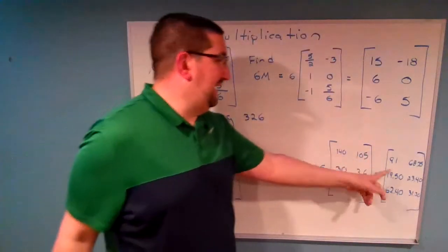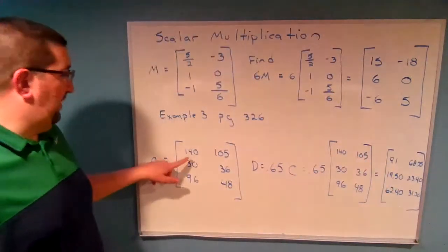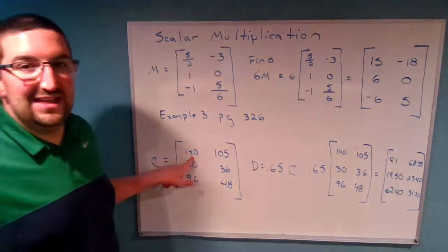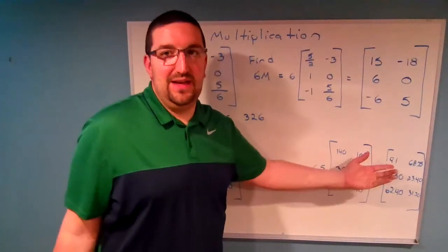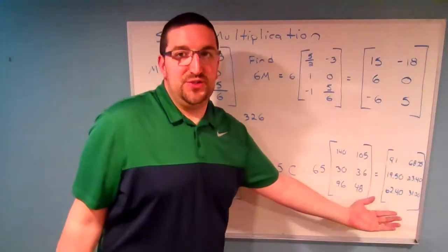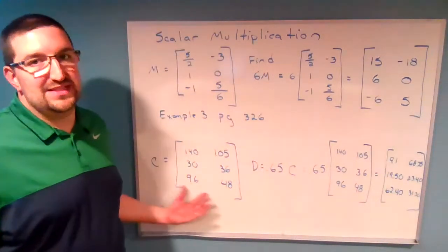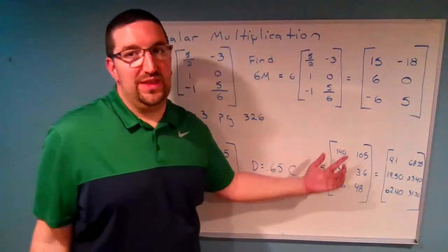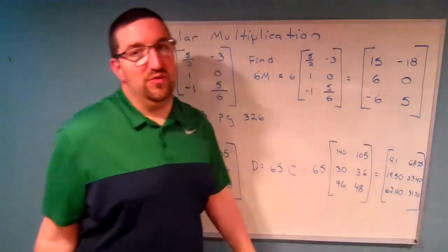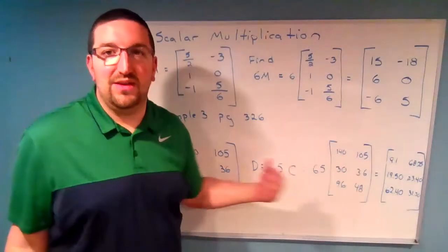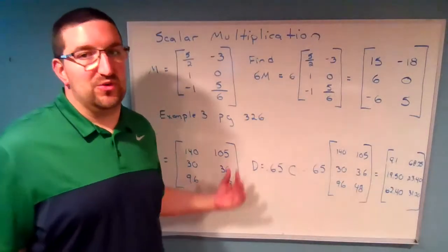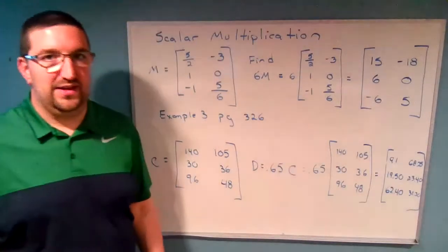So something that was worth 140 Canadian dollars would be worth 91 US dollars. What we did is use the same scalar multiplication to change all of these over pretty quickly when dealing with data sets. There are programs, or your calculator can do this for you. I'm showing you how to do it by hand just so you understand it.